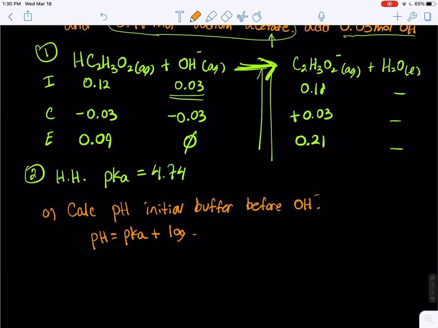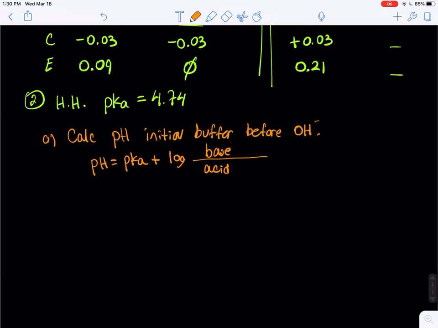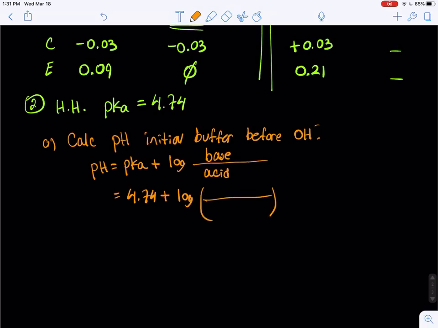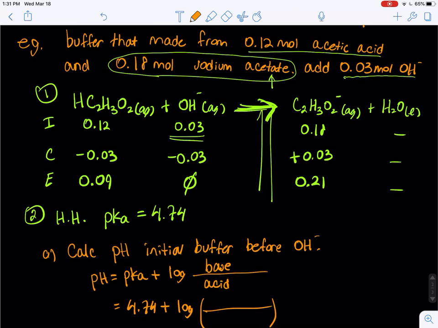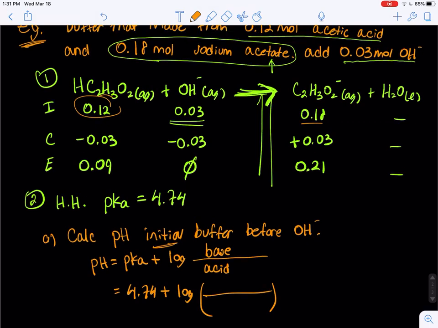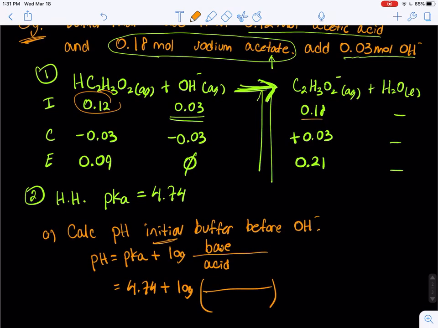These formulas are kind of crazy, but I'll just write base on top and acid on the bottom, and we get 4.74 plus log. Okay, and we want to enter in the initial values of the word problem that was originally given to us in this orange font. So that's the initial buffer before reaction. So I want to kind of see what the initial pH is.